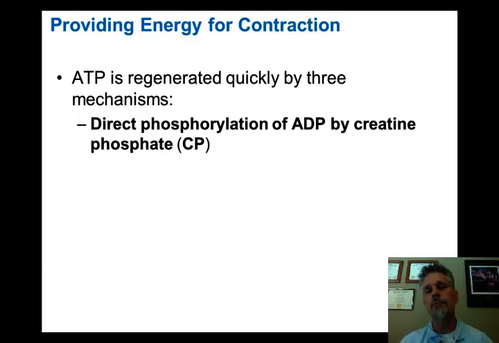This first one is unique to skeletal muscle and the muscular tissue. It's direct phosphorylation of the ADP, remember, that's adenosine diphosphate, by creatine phosphate. Now you hear quite often these days about creatine, right? People are taking creatine, and the idea is it gives them more energy to weight lift and things like this.